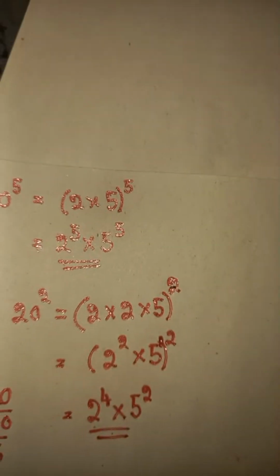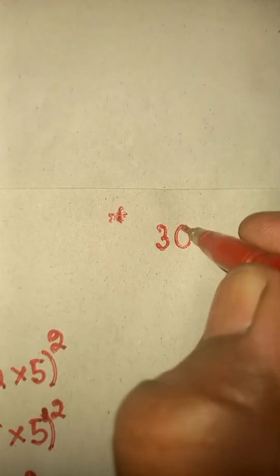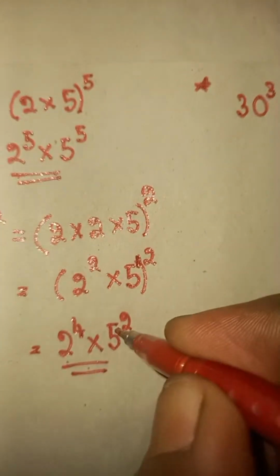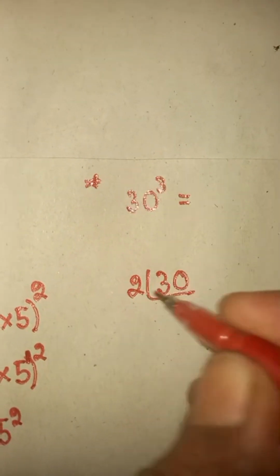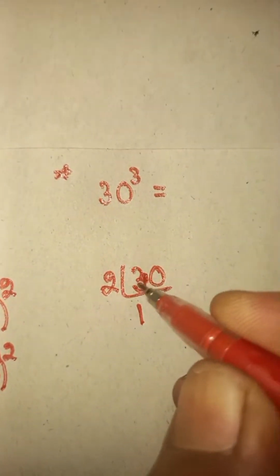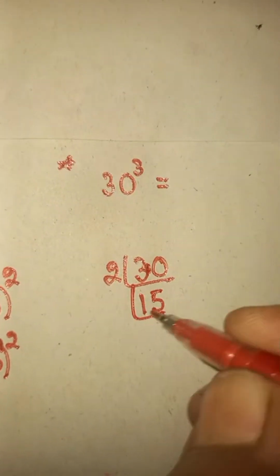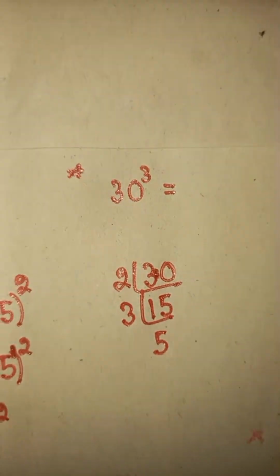Let's take one more problem. Here they have given 30 cube. Here also you need to simplify and write it like that. Let's divide this 30. 30 can be divided by 2, 2 times 15 is 30. Again 15 you can divide it out: 3 times 5 becomes 15.